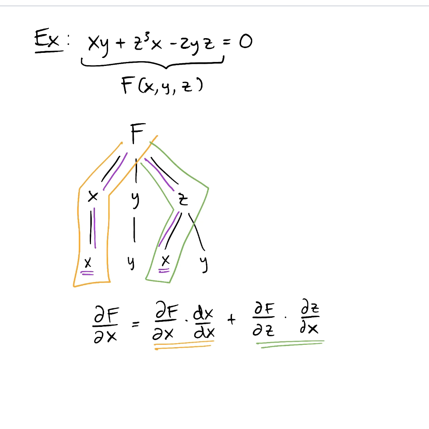All right, now let's clean this up some. It looks a little weird to me because I feel like I see df dx in two places. Look at this notation. On the left side of the equal sign, we're talking about big F's partial with respect to x in terms of the x's all the way at the bottom of the diagram.